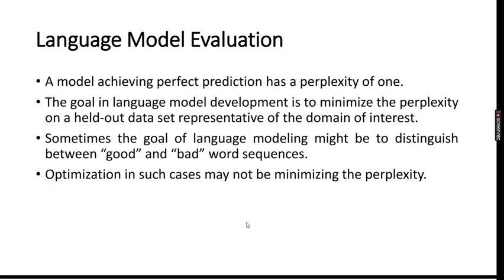Whenever you want to differentiate good and bad word sequences, then also we use the language model evaluation and this perplexity value. So this optimization is generally not about minimizing this value, but about knowing the difference between the different language models and the different types of word sequences.